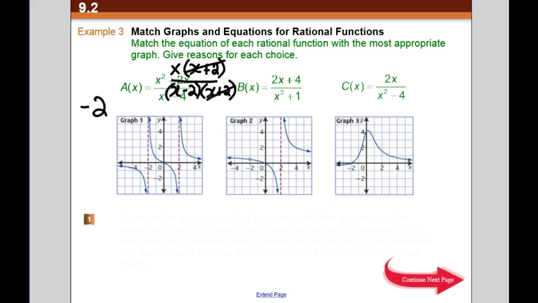Minus 2. And then if we took minus 2 and plugged it in, what I'm left with is x over x minus 2, right? So if I plug in a minus 2 there, I'd have minus 2 divided by minus 4, which is a half. So 0.5.